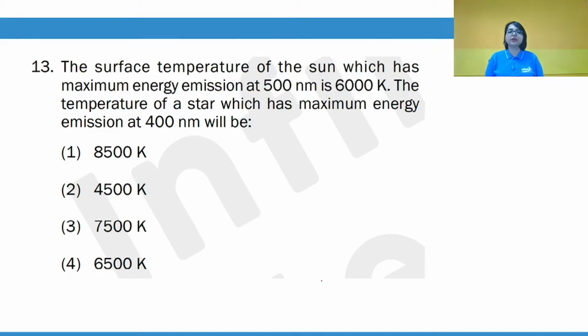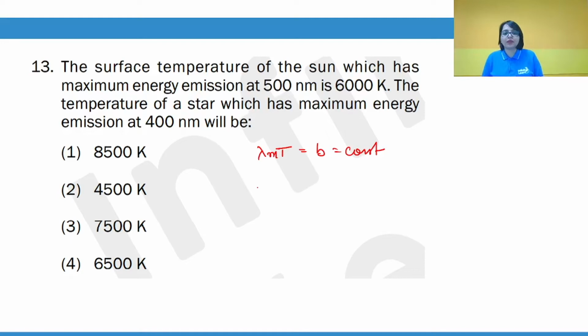Next is question number 13. The surface temperature of the sun, which has maximum energy emission at 500 nanometer, is 6000 Kelvin. The temperature of a star which has maximum energy emission at 400 nanometer will be. So we can use Wien's displacement law. It is lambda m into T is equals to b, which is a constant. So you can equate lambda m into T for both the stars.